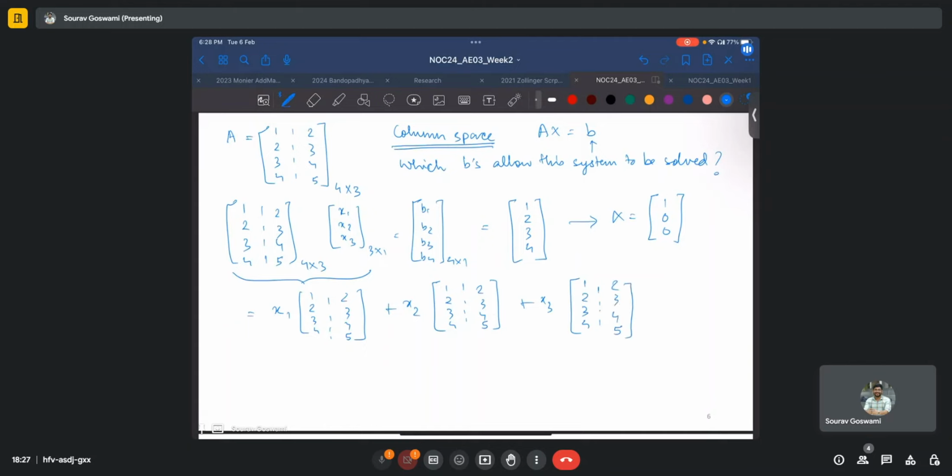And also it is equal to 1, 1, 2 times x1, x2, x3, plus 2, 1, 3 times, so taking each row at a time.